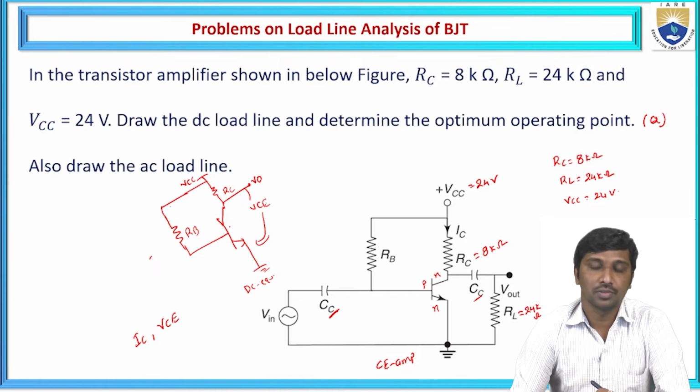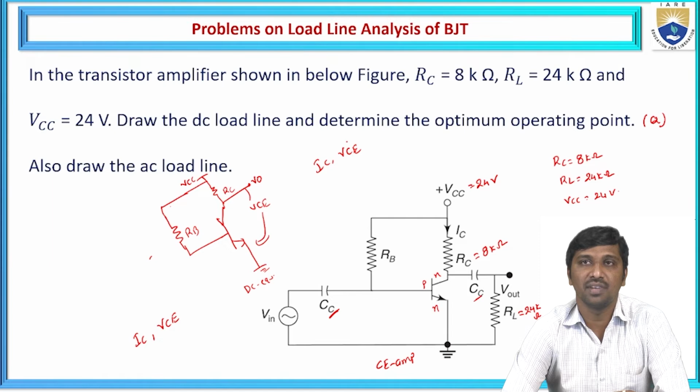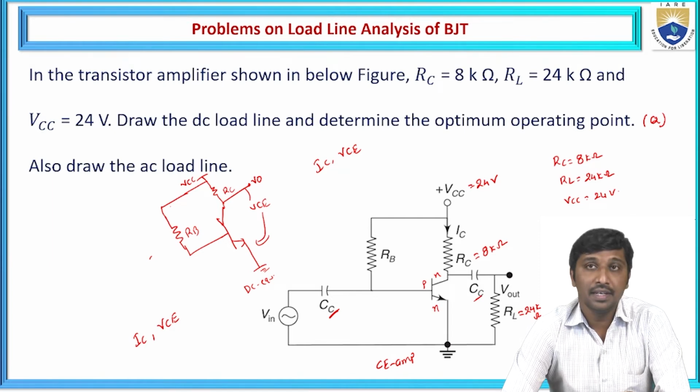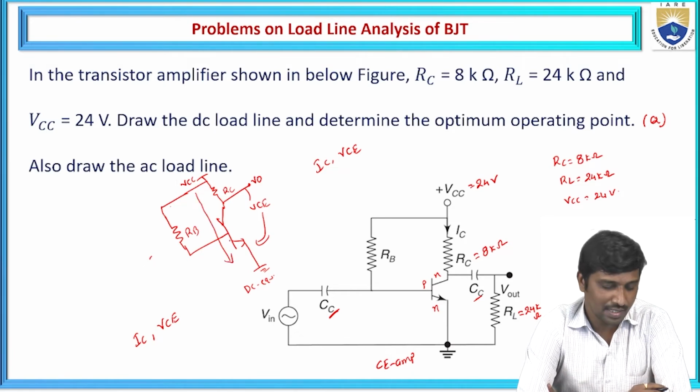From this circuit, now we need to determine the DC load line parameters, that is the IC parameter as well as the VCE parameter. To identify these, we need to apply KVL at the output side. So what is the KVL equation?